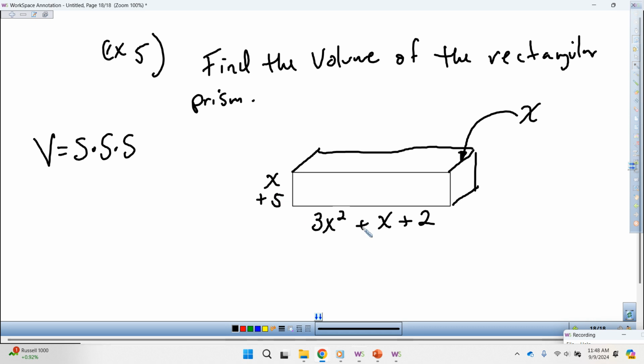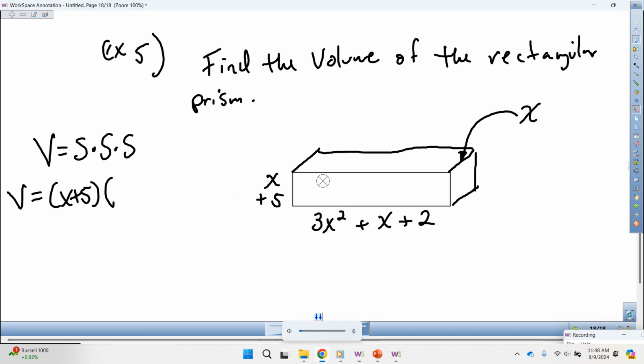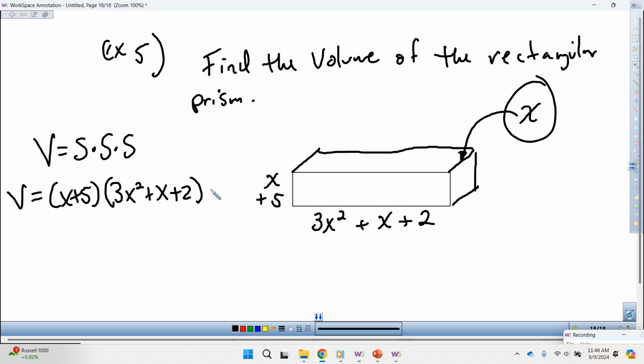So this side times this side, and at the end times that side. So volume equals x plus 5 times (3x squared plus x plus 2), and then at the end times what? Times x.